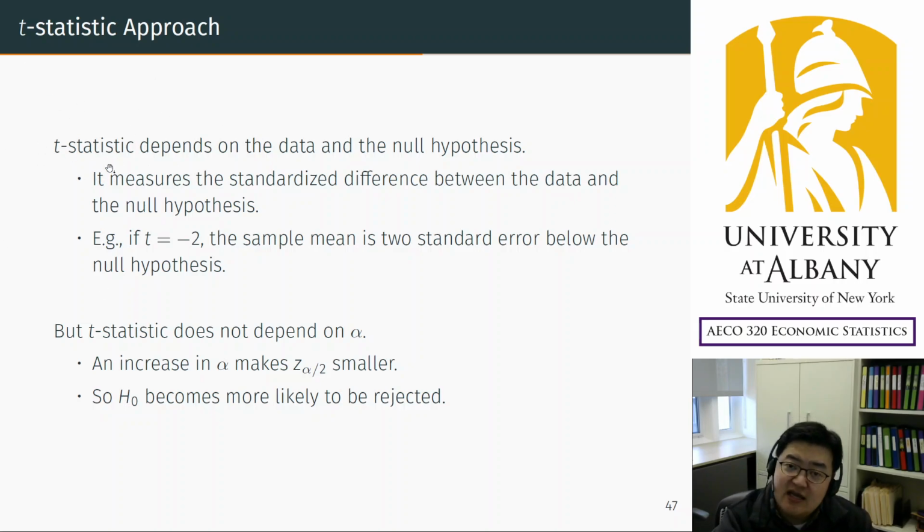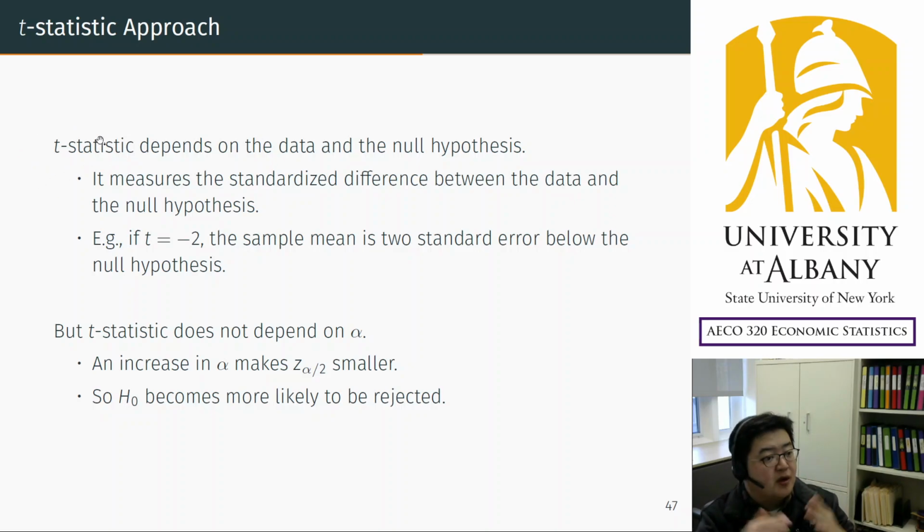It is the standardized difference, and many applied people, even if they don't understand what p-value means and how p-value is calculated, know that plus minus 2 is the rule of thumb threshold cutoff. So if the standardized difference is in between plus minus 2, then usually that's okay. The null hypothesis is not rejected.